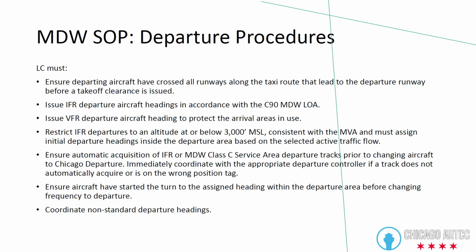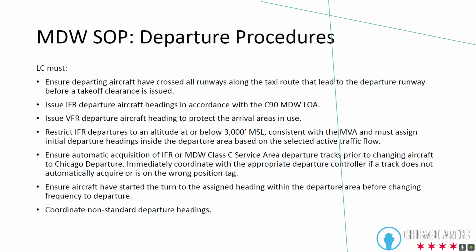Back to our SOP, departure procedures. The local control must ensure departing aircraft have crossed all runways along the taxi route that lead to the departure runway before takeoff clearance is issued. Issue IFR departure headings in accordance with the C90 Midway LOA. We're going to show you those momentarily. Issue VFR departure headings to protect the arrival areas in use.